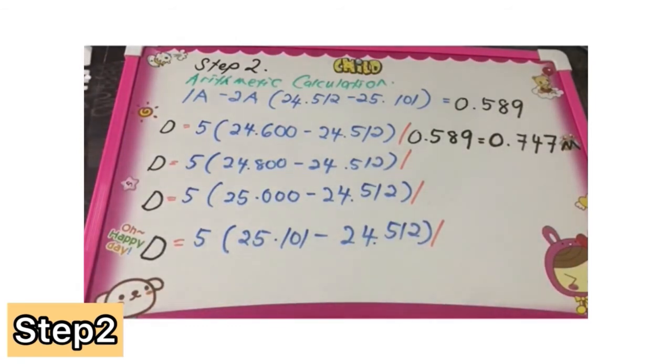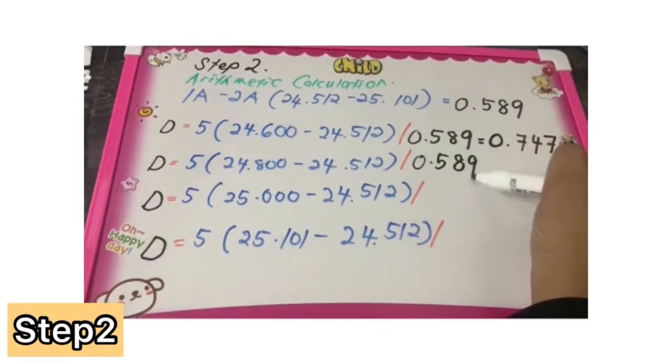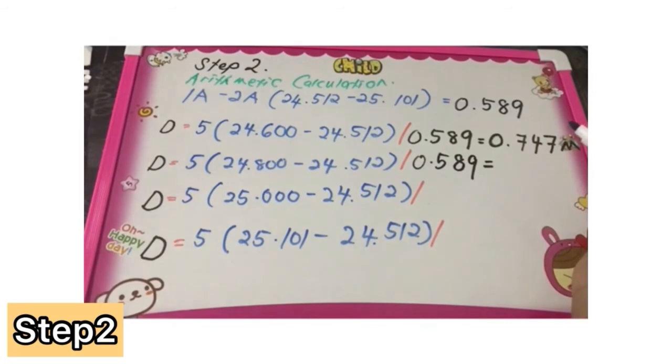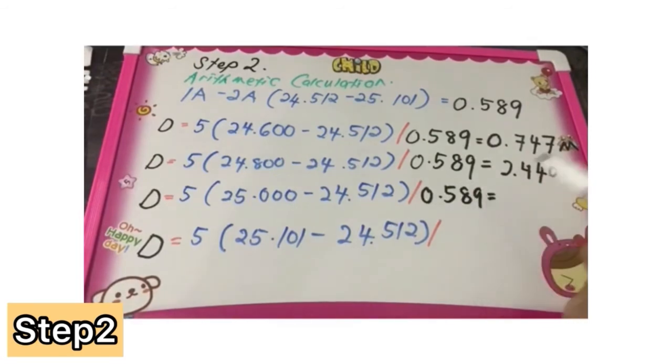For second point, third and fourth, we have to do same like number 1. We write 0.589 here, and this is the answer for second point, which is 2.440 meter. For third point is 4.140 meter.